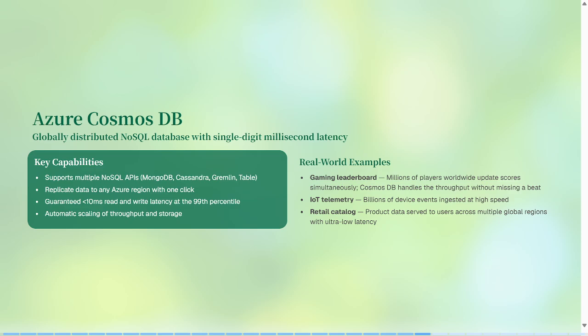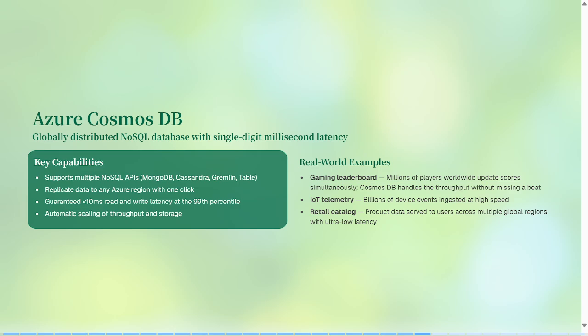It guarantees less than 10 millisecond latency at the 99th percentile for reads and writes. It provides automatic scaling of both throughput and storage, so it can handle sudden traffic spikes without manual intervention.